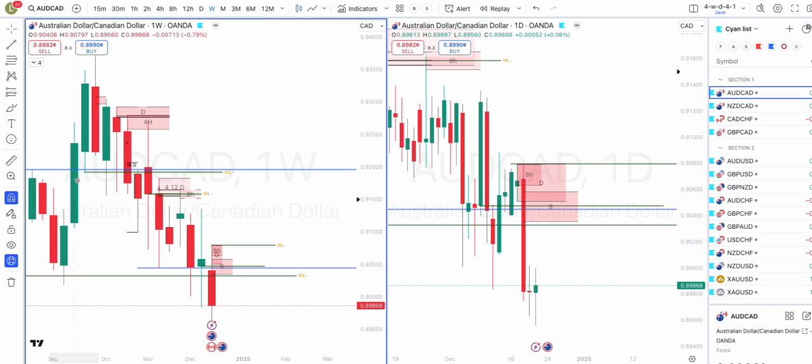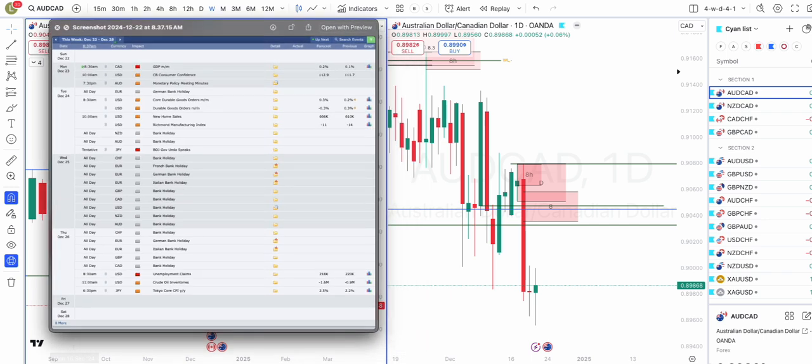Before any technical analysis, I always try to make sure to know what is the news this week because that can always bring volatility. Plus, what are the currency strengths and weakness, which we'll see later. So let's start with the news this week. What I would say this week is there isn't much in terms of news. If you see a lot of bank holidays, of course, it's Christmas week.